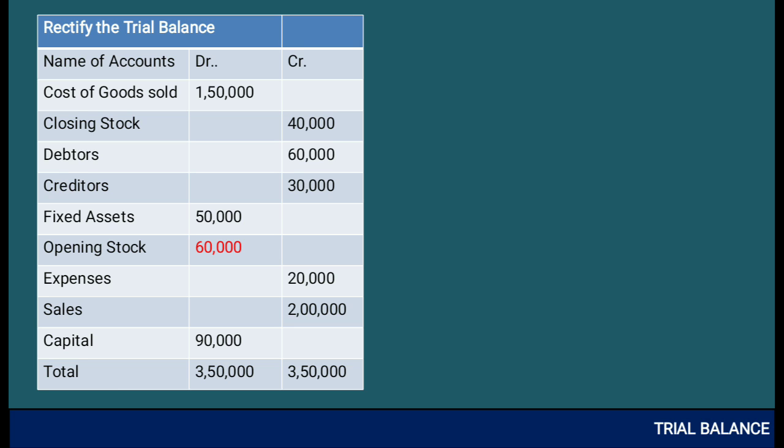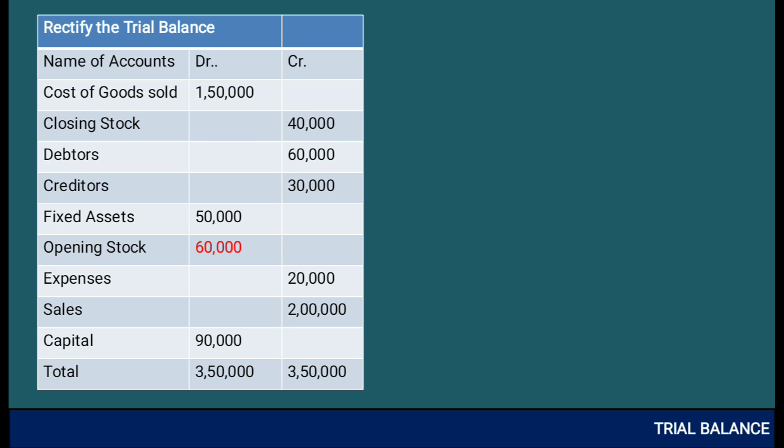In that case we have to write cost of goods sold as an asset, closing stock as an asset in the trial balance, but we have to remove opening stock from there, because the equation of cost of goods sold is purchases plus opening stock minus closing stock. So in cost of goods sold, purchases, opening stock minus closing stock, these items have already appeared. So that's why we don't have to disclose the amount of opening stock.